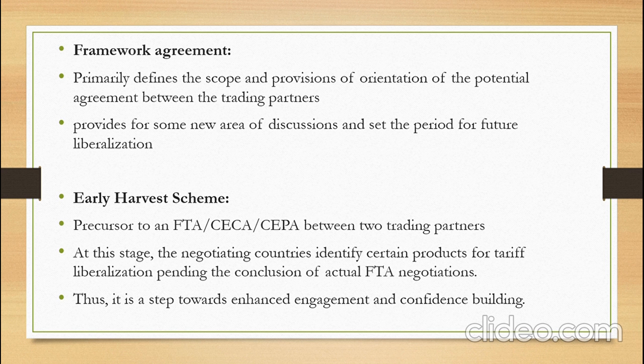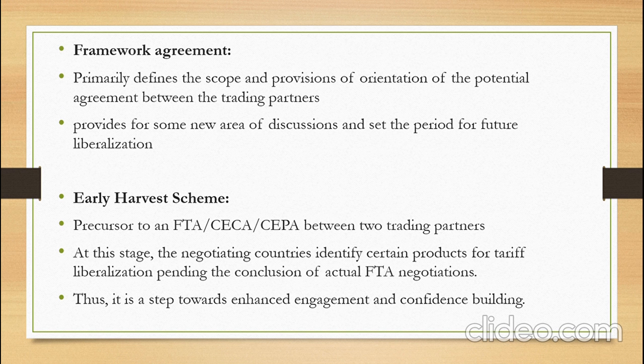Now next is the early harvest scheme. This term is usually seen whenever a trade agreement is going to be established. For example, while we were doing it with the UK, this early harvest scheme was very much prevalent in the articles itself. So it's a precursor to any type of agreement, be it FTA, CESA or CEPA, between two trading partners.